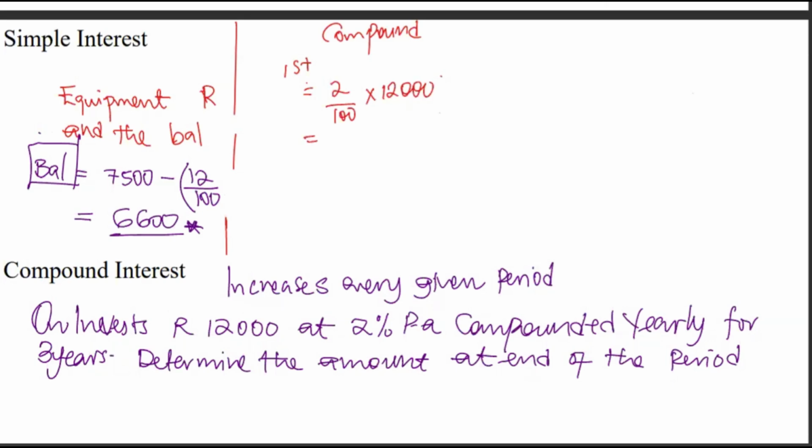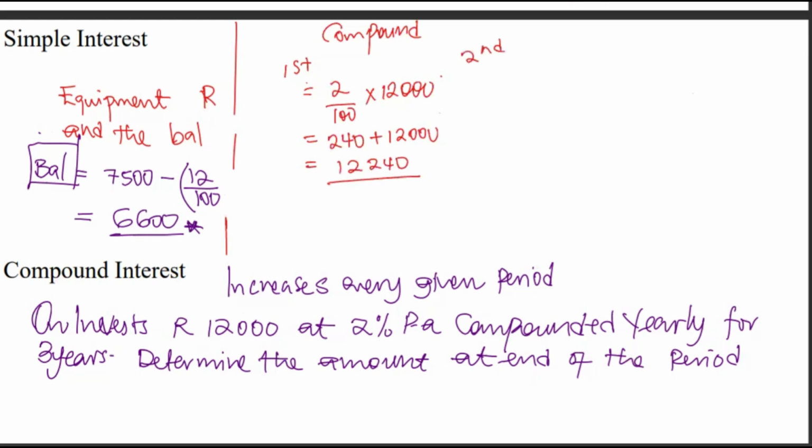And this brings in an interest of 240. So this is the interest plus the money the person invested. So at the end of the first year, the person has 12,240.